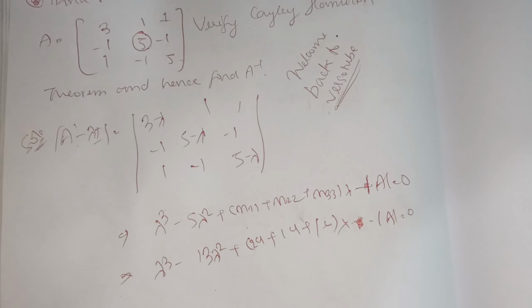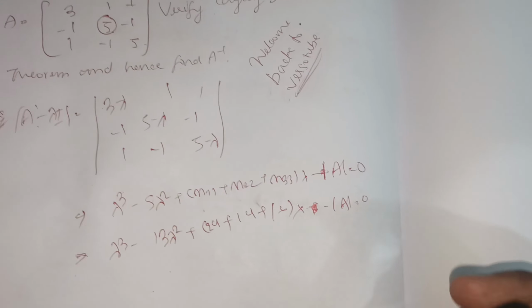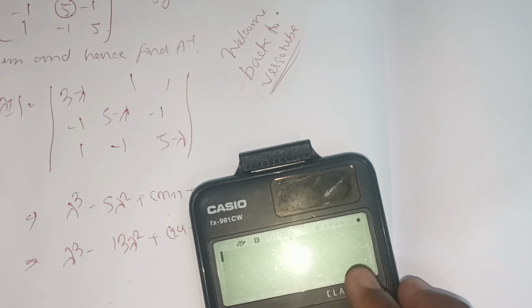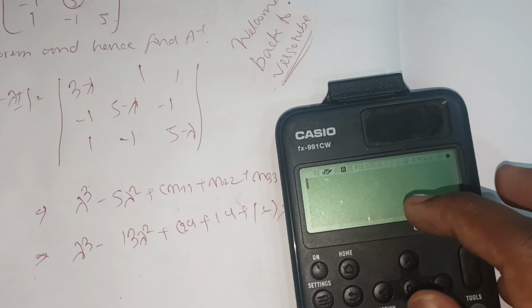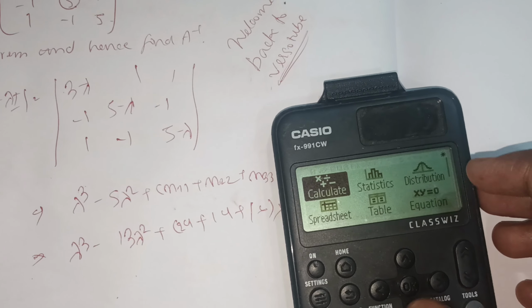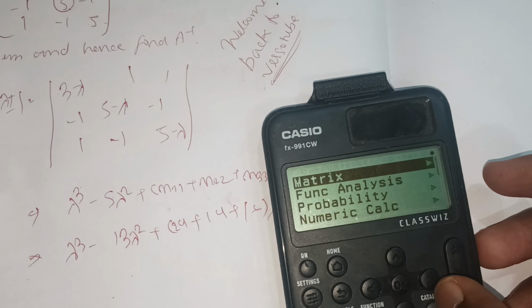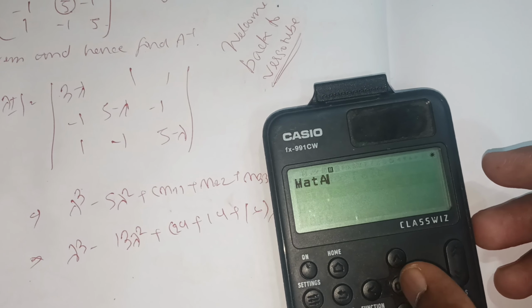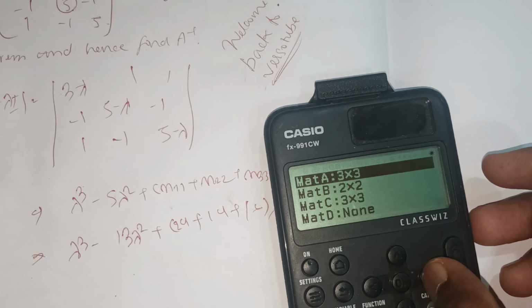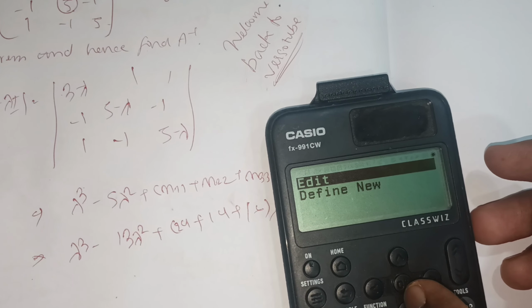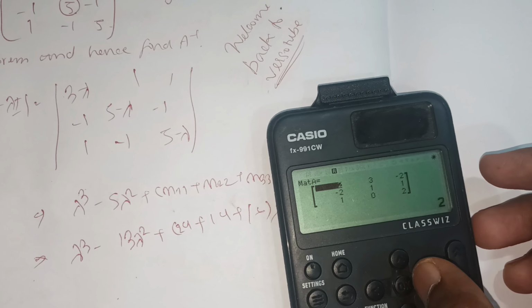So here by using the calculator I am calculating the determinant. I am taking home, next matrix, next entering the matrix. So mat A, I am taking tools, 3 comma 3, edit here.